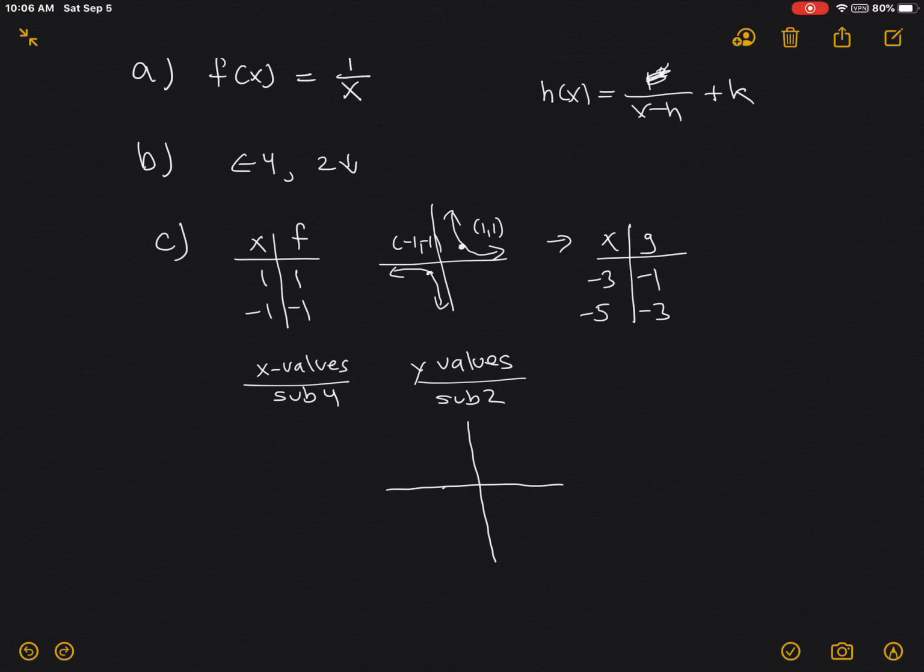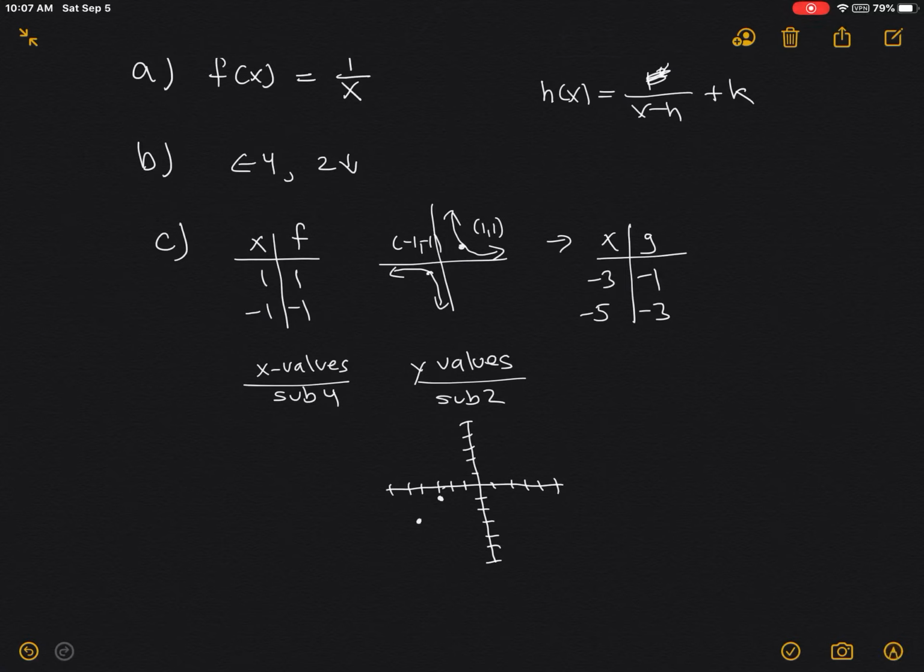Actually, maybe I should draw some tick marks. 1, 2, 3, 4, 5. 1, 2, 3, 4, 5, 6. So (-3, -1) is somewhere over here, and then -5, and -3 somewhere down here.